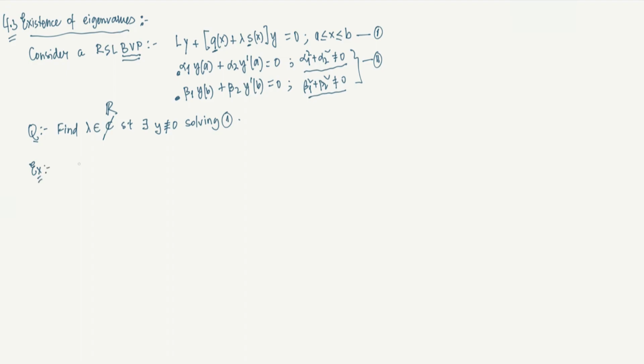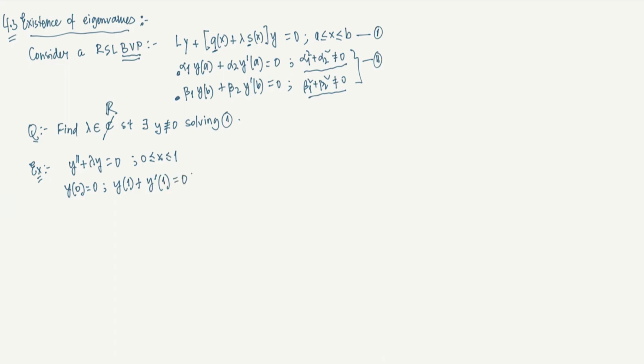So the problem is y double prime plus lambda y equals 0, where x is between 0 and 1, with y(0) equals 0. This is a little more complicated than what we did up till now. And y at the point 1 plus y prime at the point 1 equals 0.